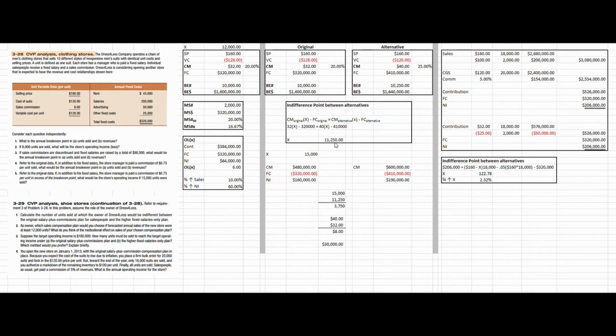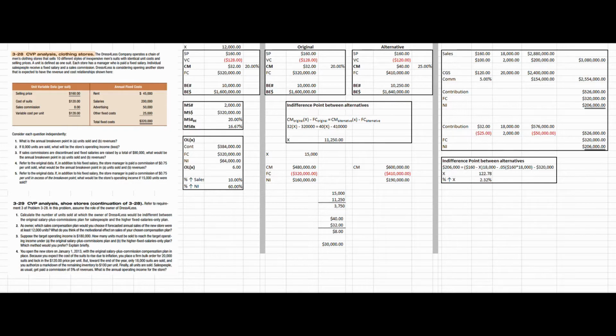So if we were going to calculate what net income was at that level of output under these two different options, that net income would be exactly the same. Okay, so we know that we're indifferent between our two different options at 11,250 units.